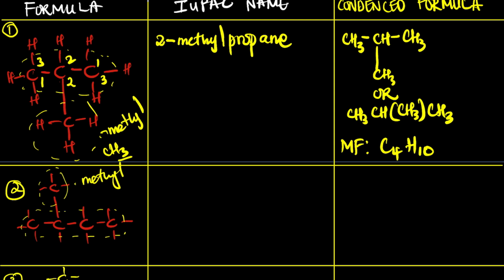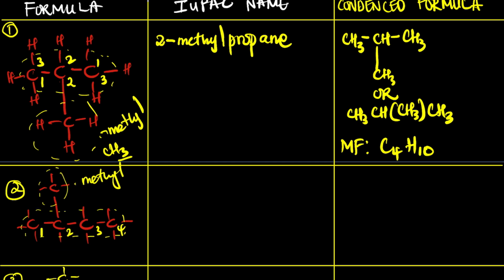You see here, it's 1, 2. It's in carbon 2 from this side. From this side, it's 1, 2, 3. So it's closer to this side. Since it's closer to this side, this will make this carbon 1, carbon 2, carbon 3, carbon 4, right? So this means that this branch is in carbon 2. That's the address of it. It's located in carbon 2.